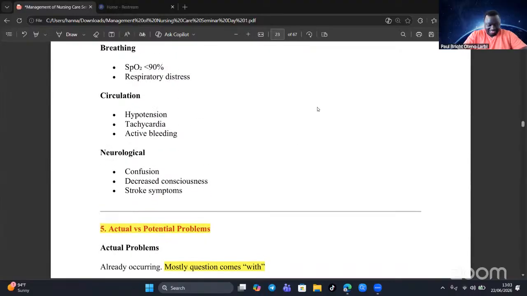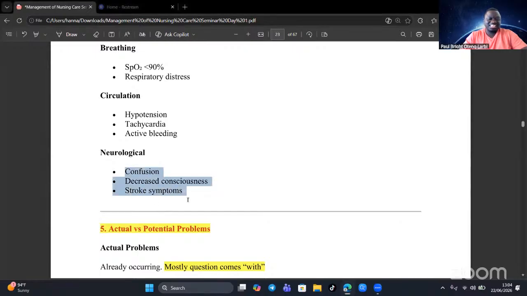Somebody is having neurological problems, confusion, decreased consciousness, and stroke symptoms. This makes this patient unstable. But in the question, is it a new onset or not? These signs and symptoms confirm instability.